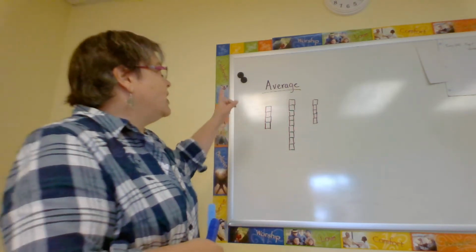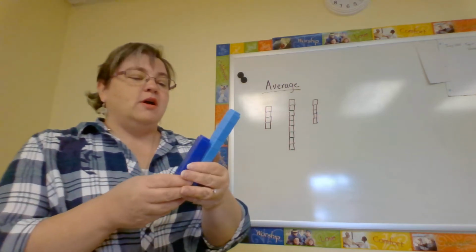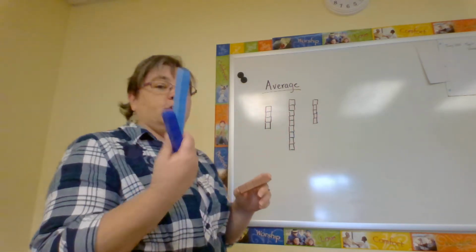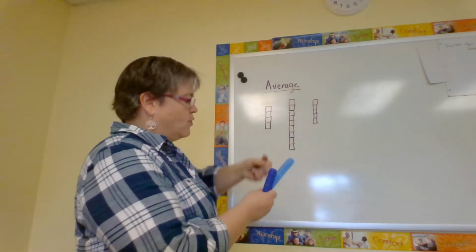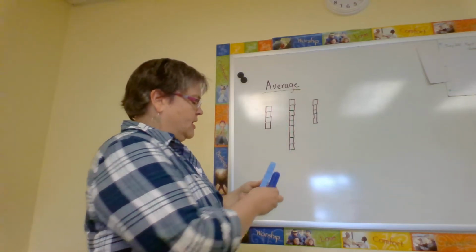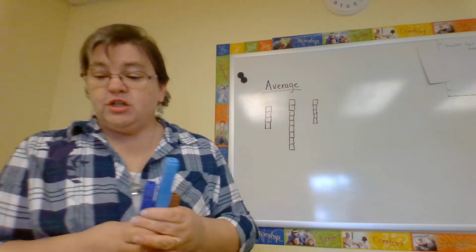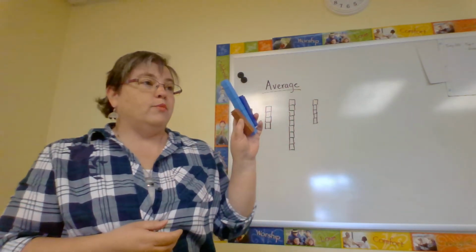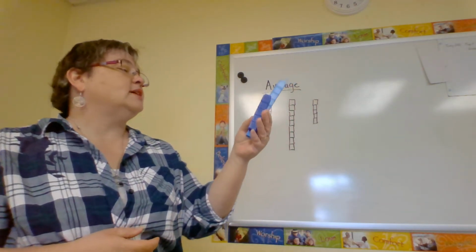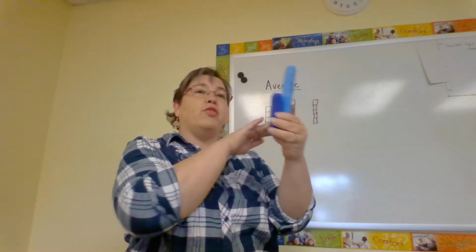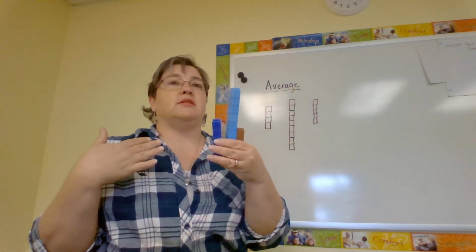Today I'm going to teach you about averages. You should get, with your Unifix cubes, a stack of 4, 9, and 5. What I want you to do is take these and see if you can make all 3 of them the same size.